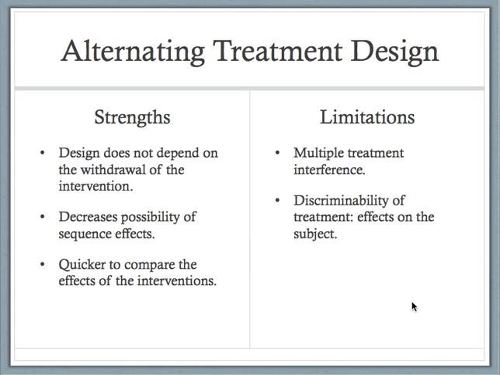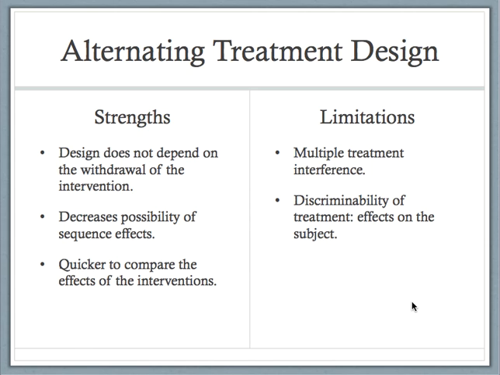Limitations are multiple treatment interference and discriminability of treatment, basically the effects on your subject. Sometimes it may be hard to tell which treatment is actually affecting the behavior when you are implementing multiple treatments simultaneously.